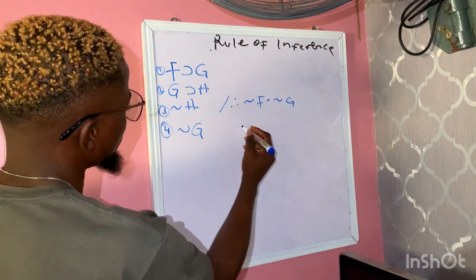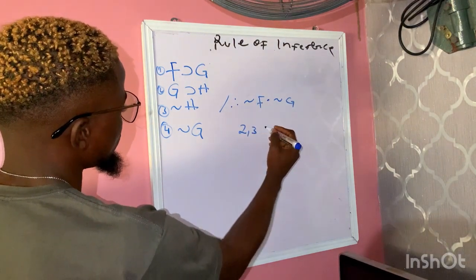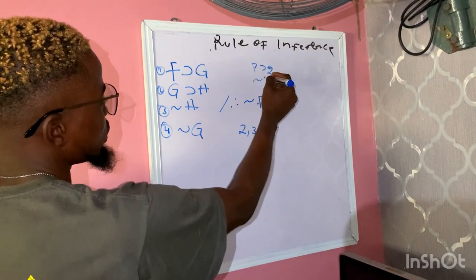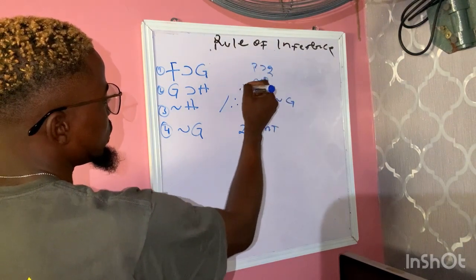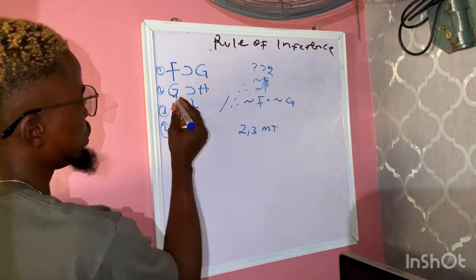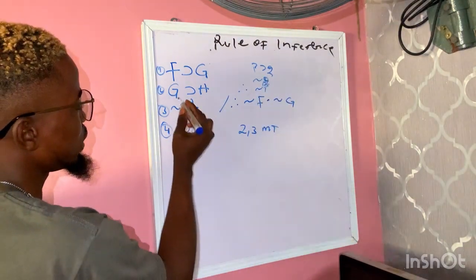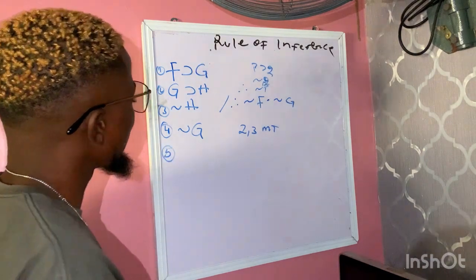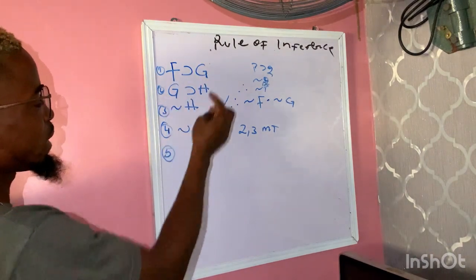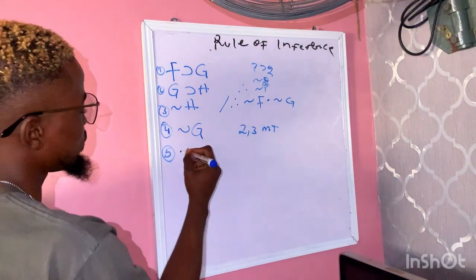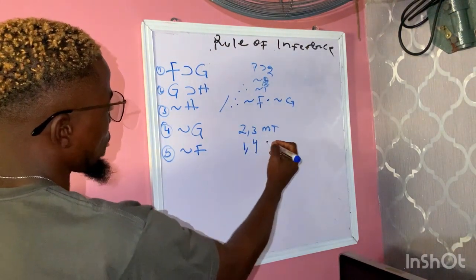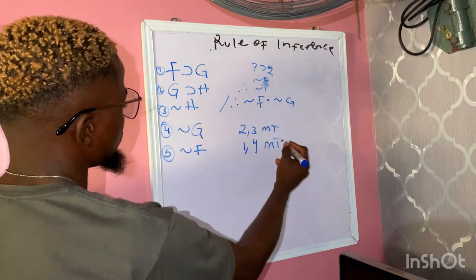So I will say 2 and 3 MT. You know, MT says P implies Q, negation Q, therefore negation P. So G implies H, negation H, therefore negation G. So line 5. Since I already have negation G also, F implies G, negation G, therefore negation F. So line 1 and line 4 MT again.